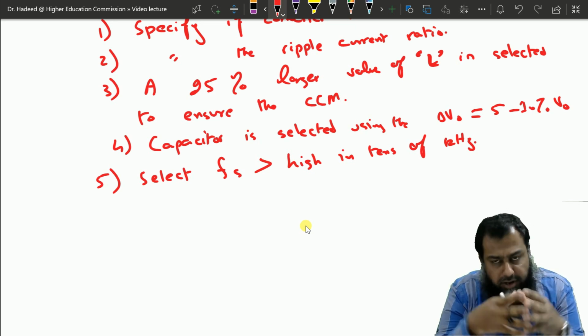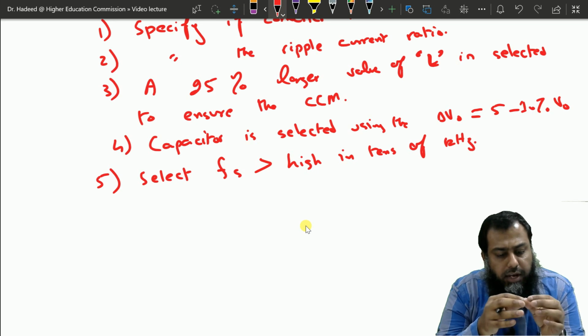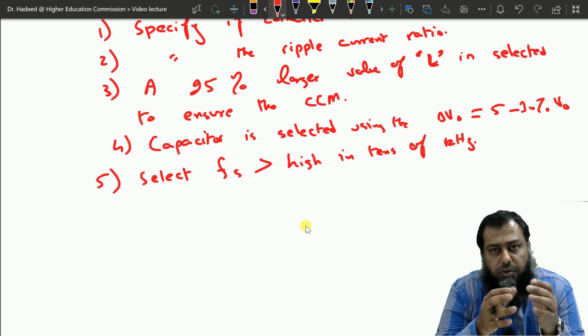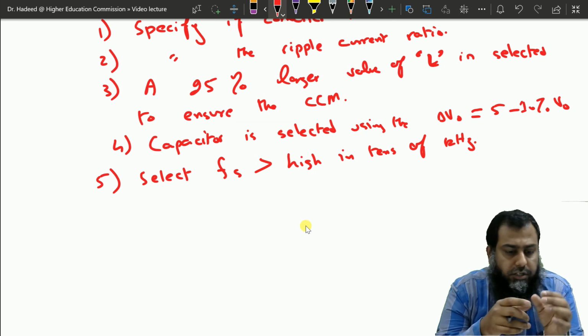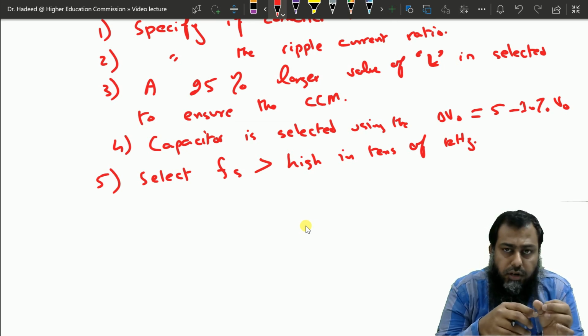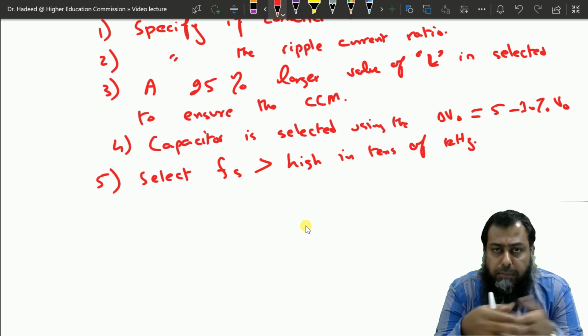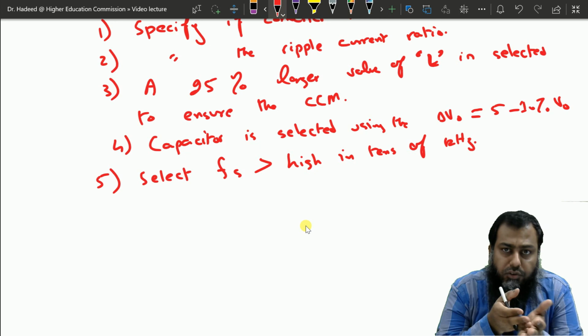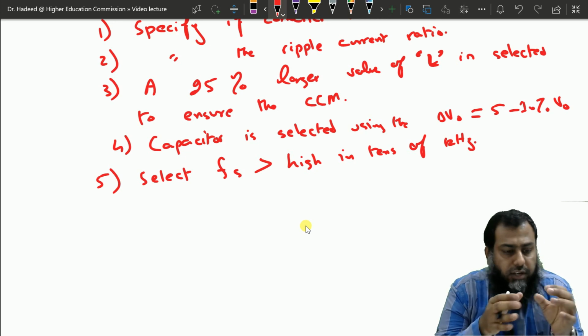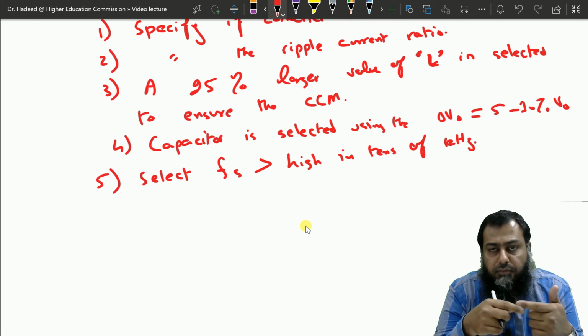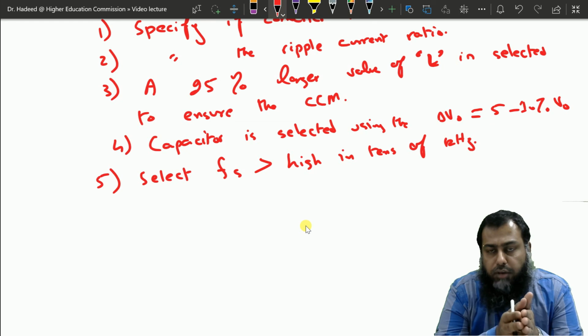But again there is a trade-off, because we cannot have an excessively high value of the switching frequency, because the size of the inductance is also limited by the amount of current that flows through that inductor. So it may be possible that if you increase the frequency so high that the core size becomes very low, you might not have the space for the inductor wire to be wound through that particular core.